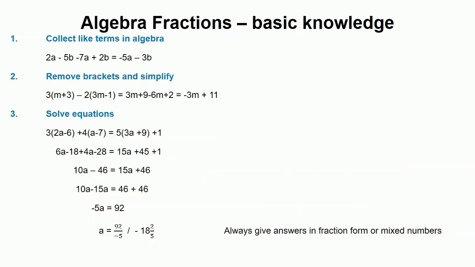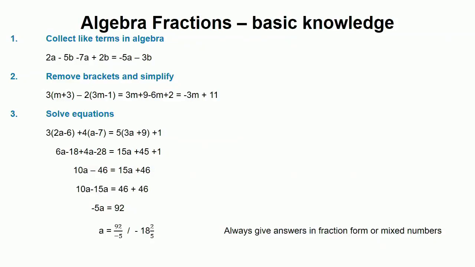How do I get rid of minus? I add 46. So if I add 46 on the left, it's gone. Then I add 46 on the right, and there it is. So I add the a's, 10 minus 15, have 10, owe 15, pay the 10, still owe 5. Minus 5a is 92.